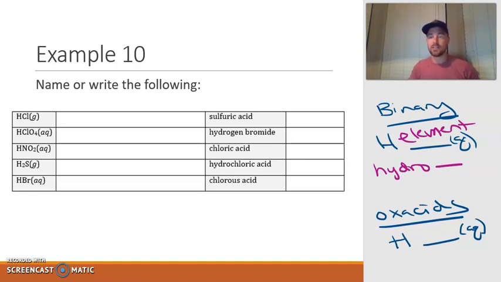For an oxoacid, it has a polyatomic ion attached, and it is not going to start with hydro. So that's how you can tell. As you go through this example 10, also be wary of making sure that you're looking to see if it actually is aqueous, or maybe it's just simply in the gas form and it needs to be named accordingly.